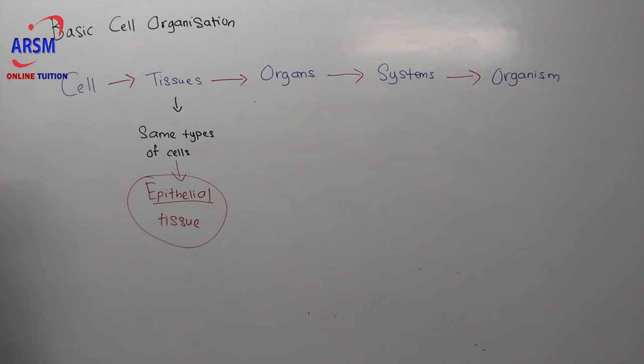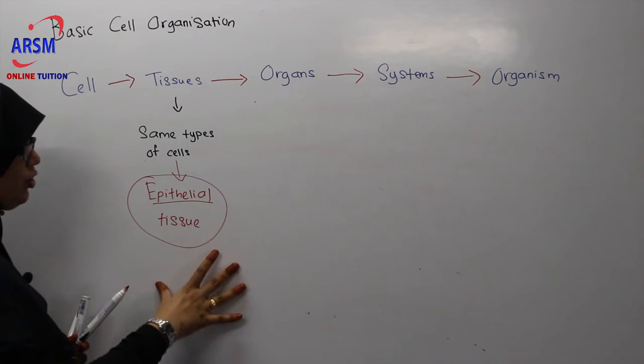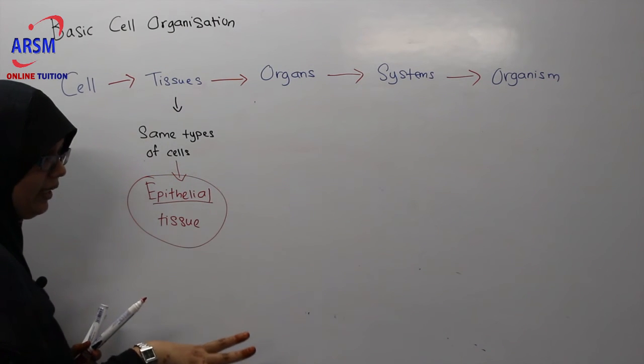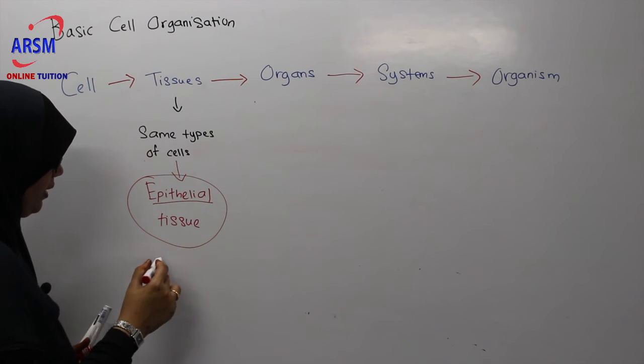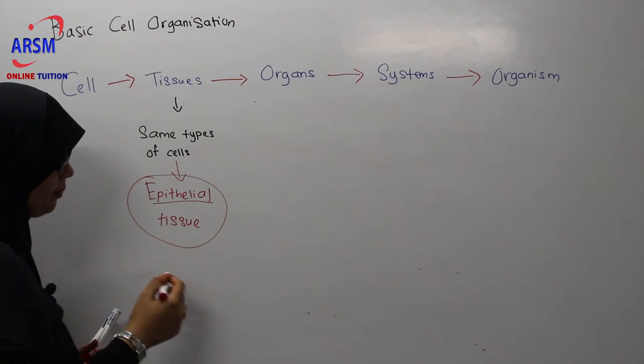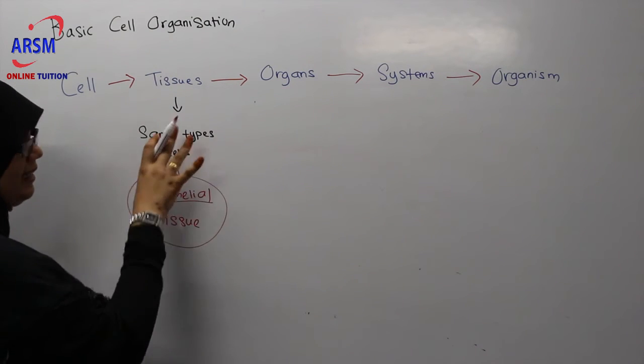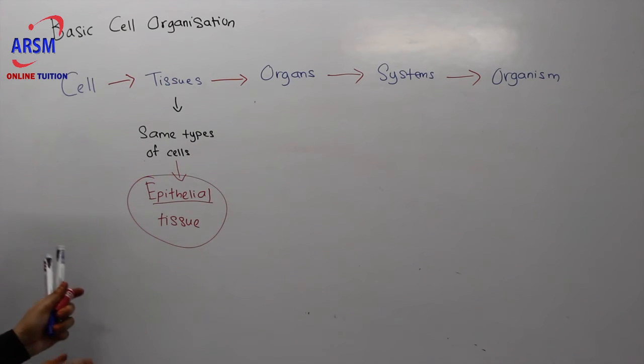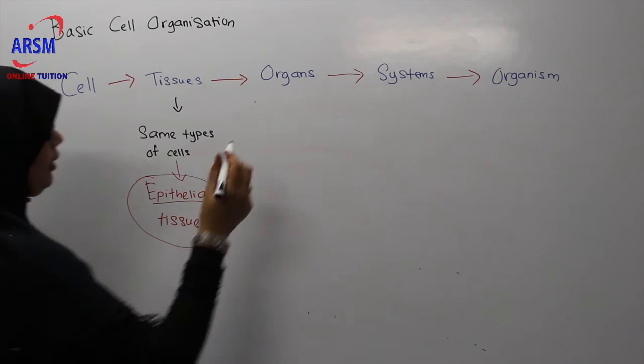There won't be different types of cells. Tissue means they have only one type. Like skin tissue, for example, all are skin cells only in that tissue. So it's very specific.